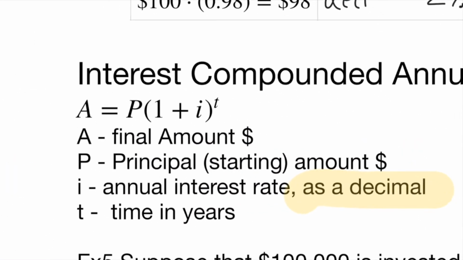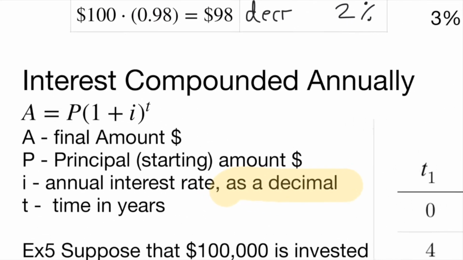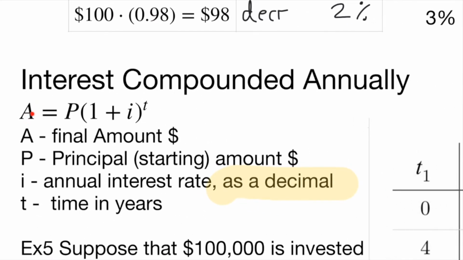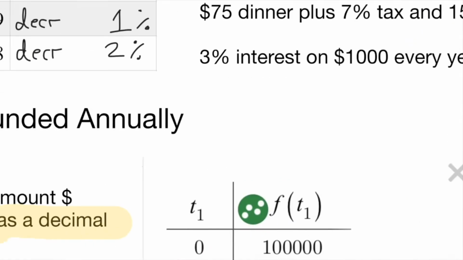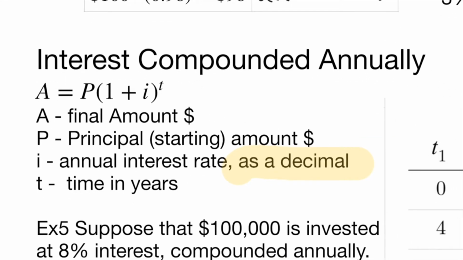So this is interest compounded annually. The final amount, if you're going to put money into a bank, very much like we had right here, 3% interest on $1,000. Now, no one's going to get 3% interest at a bank, but let's say you're investing that money and you're going to get 3% back in the real world. So let's say this is the P, the principal or starting amount, and then you're going to multiply it by this growth factor.